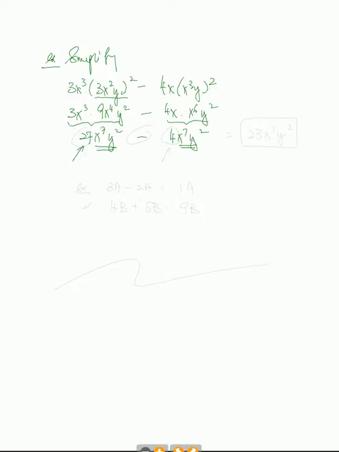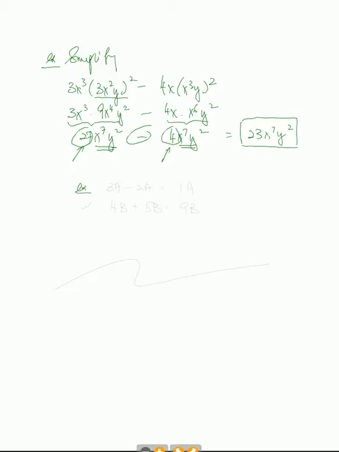So what I'm going to look at now is the coefficients, which means 27 minus 4. That makes it 23. So that's when I'm subtracting the coefficients, but keep in mind you have to keep the variables. You are only adding and subtracting the number in front of it, but you're keeping the variables.